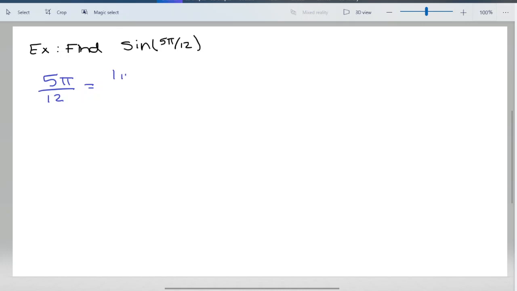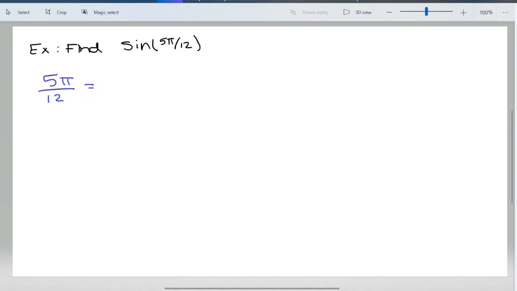We could go with 1 pi over 12 plus 4 pi over 12. Now 4 pi over 12 is a special angle, because it reduces to pi over 3, but pi over 12 isn't. So this isn't a good idea for us to split it up this way. Instead, let's try our next choice, which is 2 and 3.